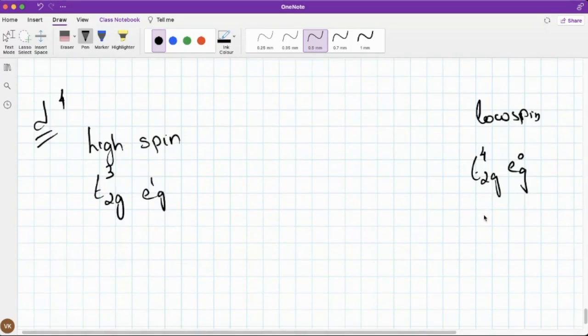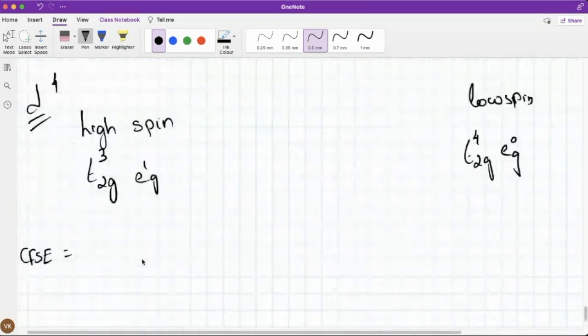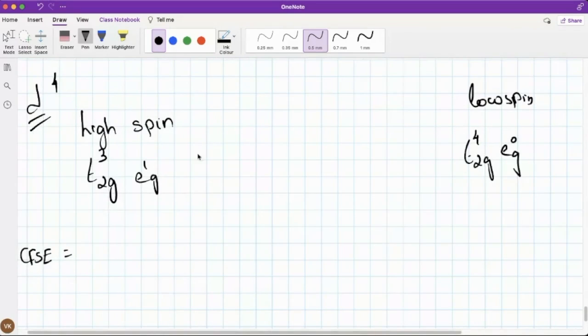Now if we calculate the crystal field stabilization energy, let's say I draw the diagram.